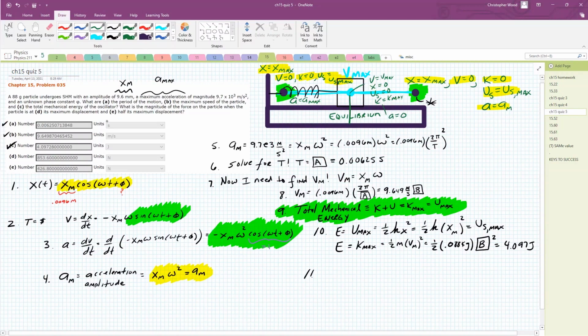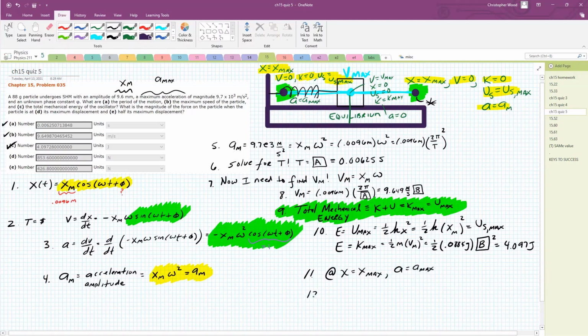All right, so what is the magnitude of the force on the particle when the particle's at the maximum displacement? At x equals x max, a equals a max.